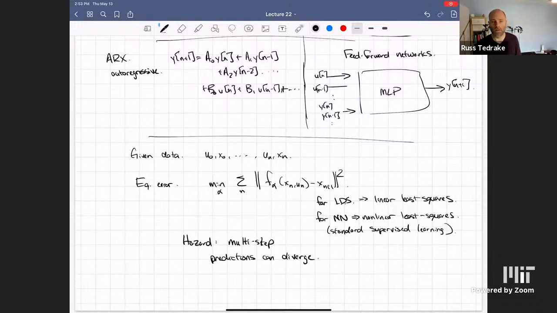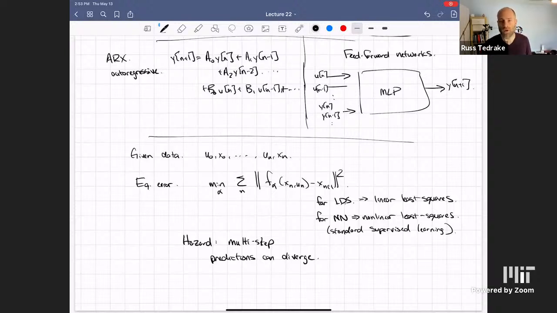Now, in the linear dynamical systems case, you can still do the one-step error, but you can add things like stability constraints to guarantee that you won't have this exponential divergence over time. Basically, linear systems are either going to converge or they're going to diverge. And if you put some constraints on there, you can continue to use the one step and avoid some of these pitfalls.